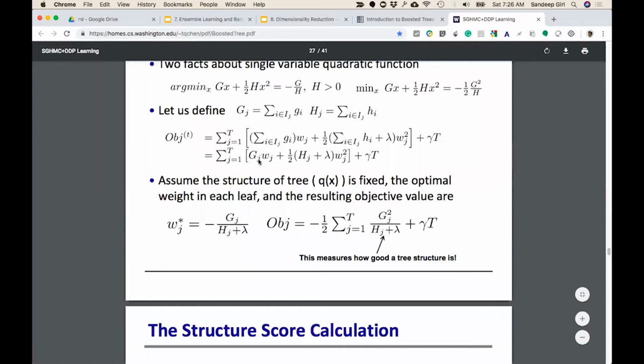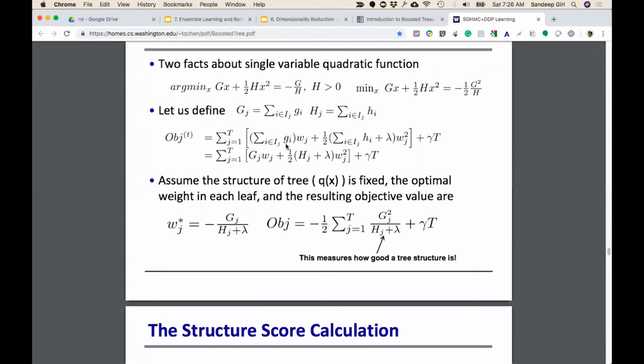That's what it is. So this is the summation of gi over all of the instances in a leaf, correct? Here we are going over each of the leaves. In each leaf there will be instances, and this is the summation of gi. Gi was basically the first derivative of a loss function.